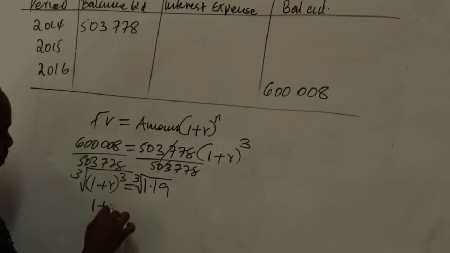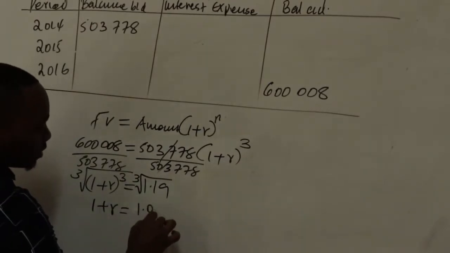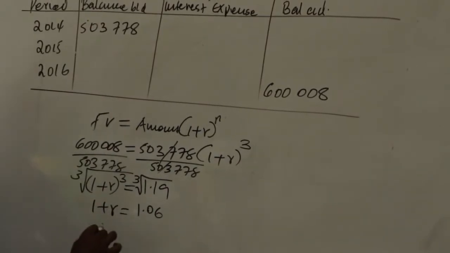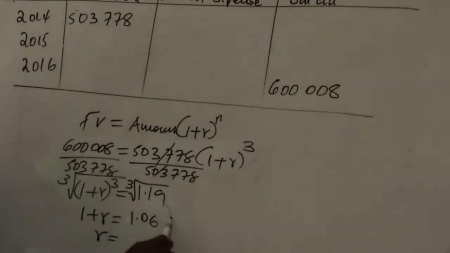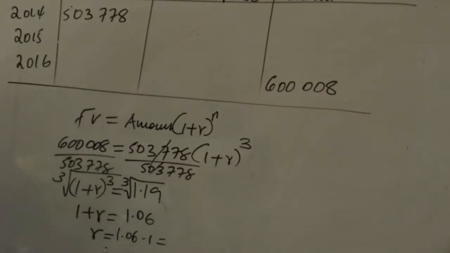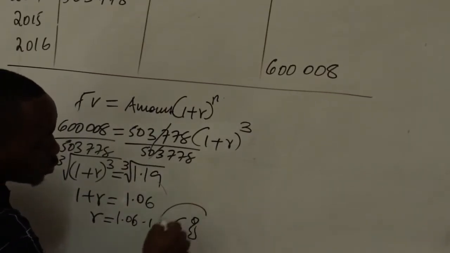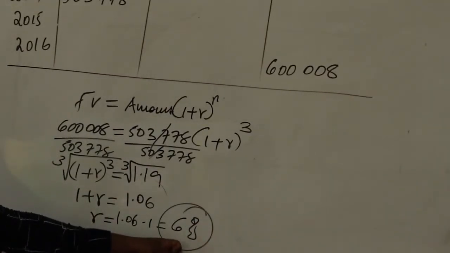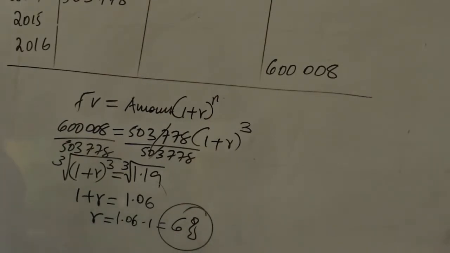So you'll have 1 plus R is equal to 1.06. To get your R, you take the 1 to the other side, so it will be 1.06 minus 1, and you'll find your rate will be 6%. So that means our effective market rate or our interest rate will be 6%.